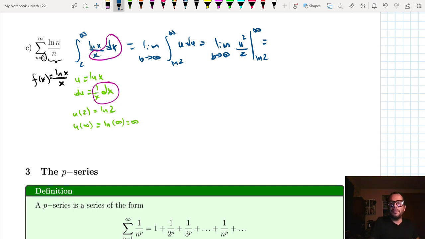Okay, so let me pull the 1/2 out of the expression as a coefficient to avoid the notation becoming cumbersome, and then I'm going to evaluate the upper limit and the lower limit.